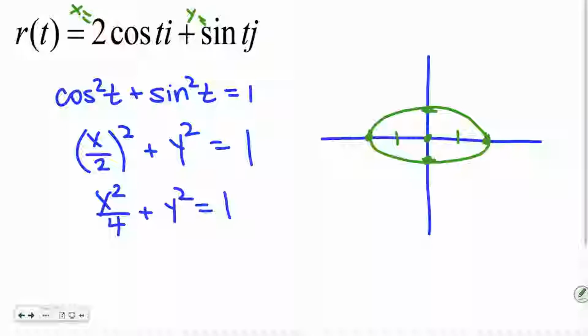Since it is a vector valued function, vectors drew this, so we need to notate its orientation. As the vectors draw this ellipse, which direction does it rotate? Positive? It's an educated guess. If we plug in 0 for t, we would get the vector 2, 0.